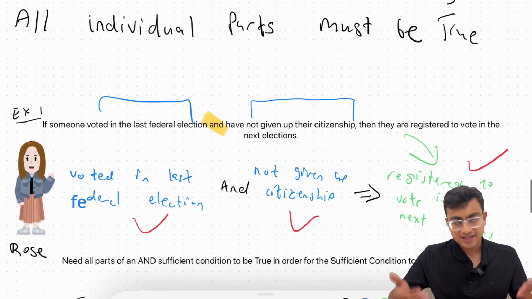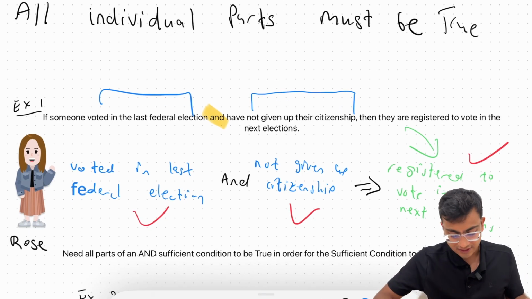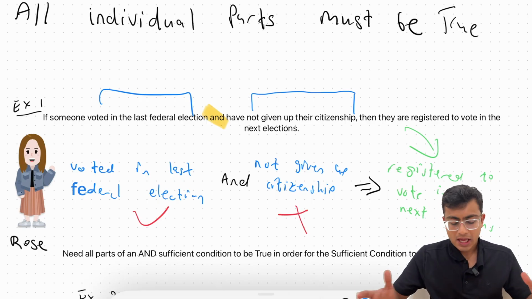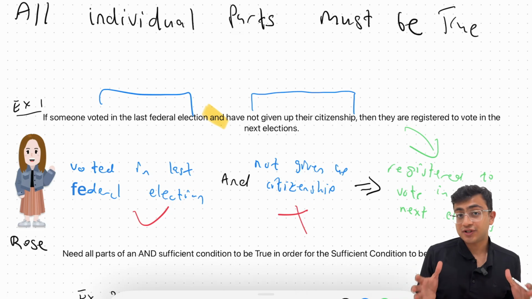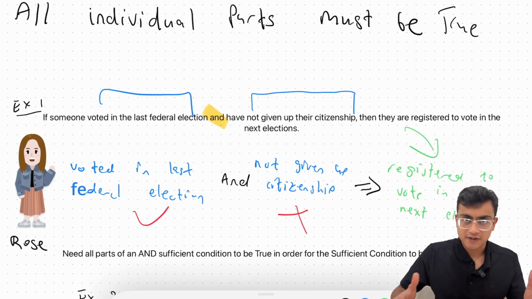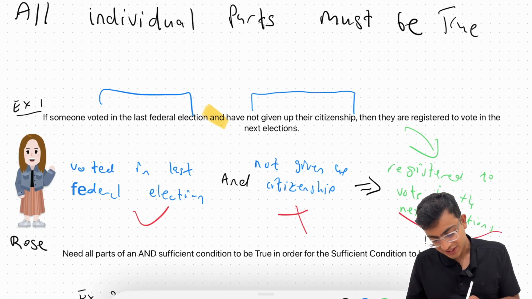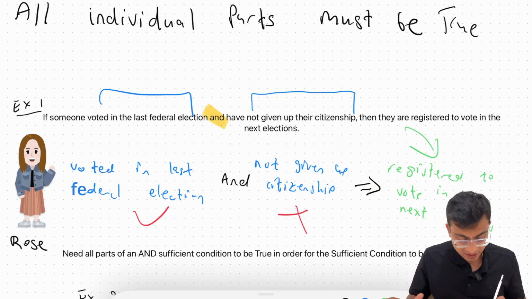In this case, that yes, she is registered to vote in the next elections. And if she explicitly says that, hey, I have given up my citizenship, well, in this case, the sufficient condition is false, and you cannot conclude anything about the necessary condition, right?